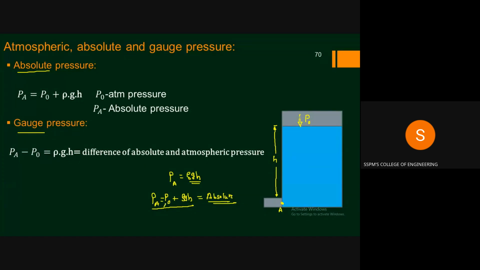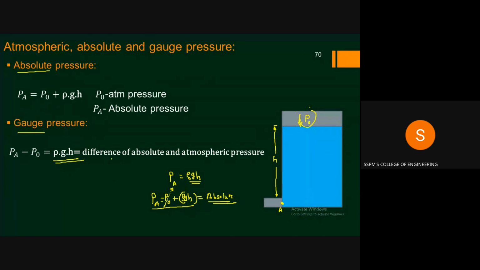And if you do not consider the atmospheric pressure, and if I just write the value as rho gh, so this is called as gauge pressure. Okay, so gauge pressure means if we consider only the liquid height, and if you do not consider the atmospheric pressure, that will be treated as gauge pressure. So it is absolute pressure minus atmospheric pressure, that is nothing but the gauge pressure.